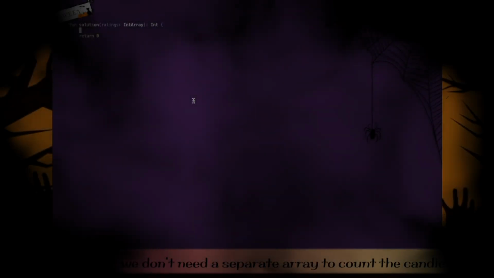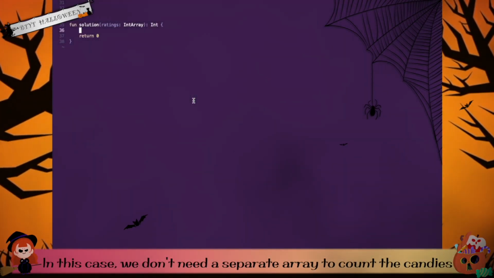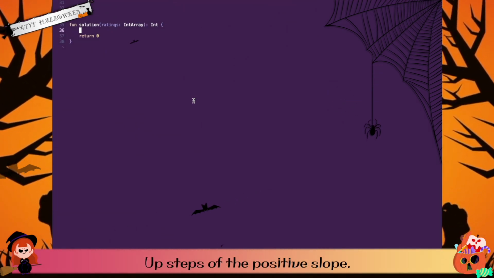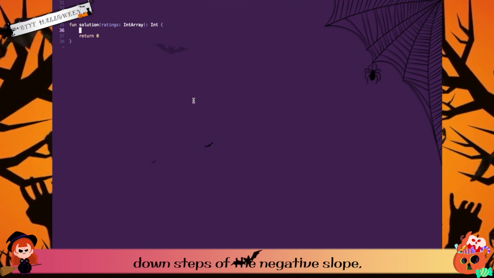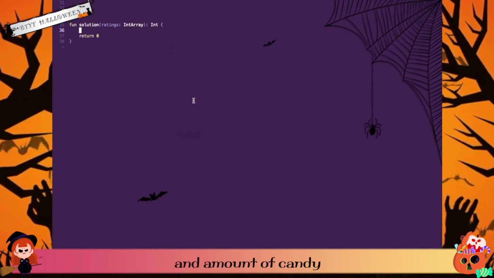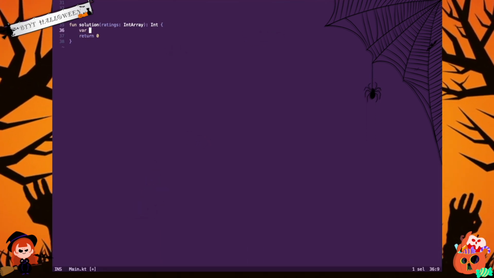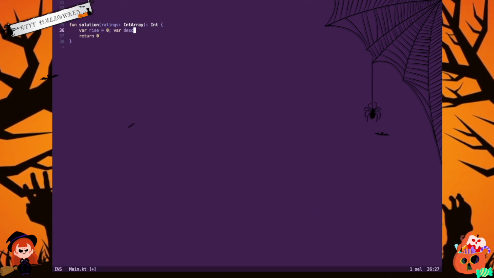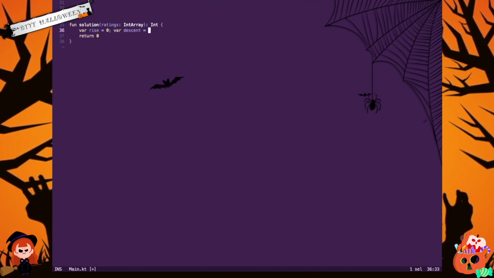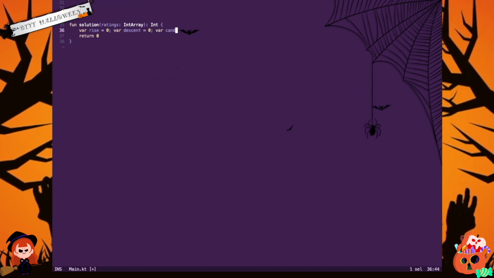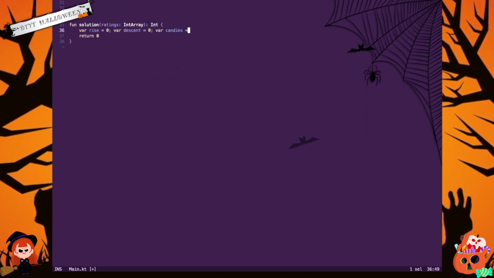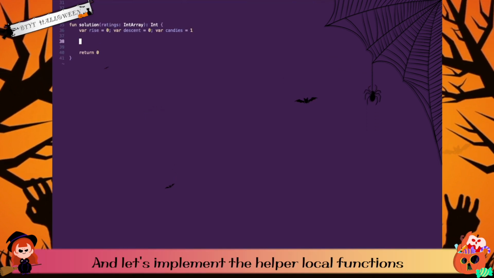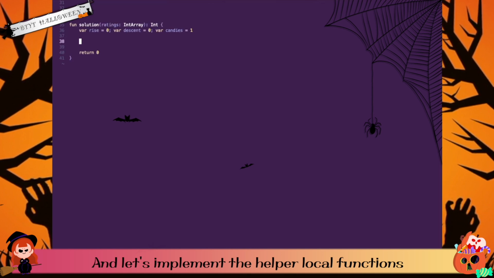In this case, we don't need a separate array to count the candies. We need only 3 variables: up steps of the positive slope, down steps of the negative slope, and amount of candy. And let's implement the helper local functions.